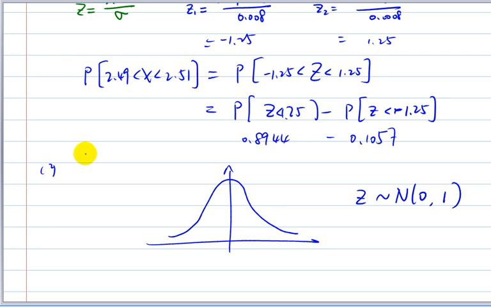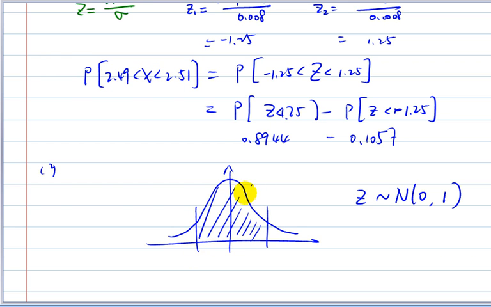So I ask for the interval that spans 95%. 95% is what in terms of Z score? Because we're talking about a symmetric situation here, the interval of x will be symmetric.